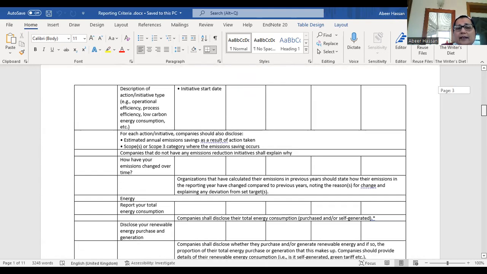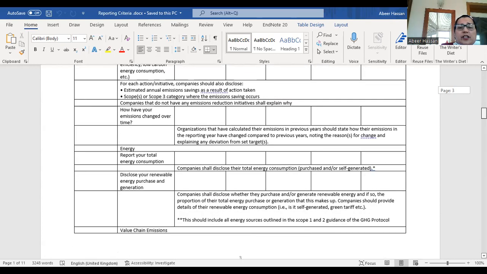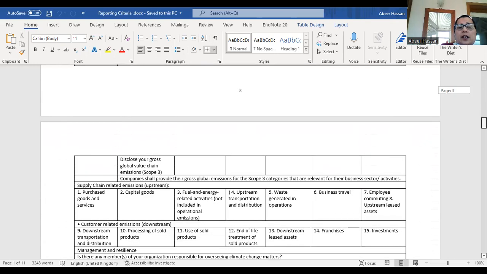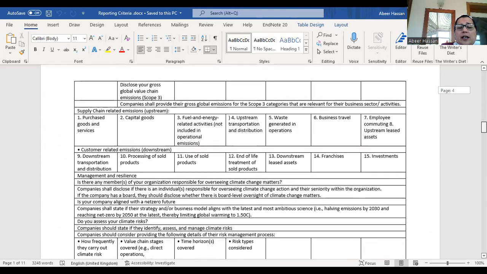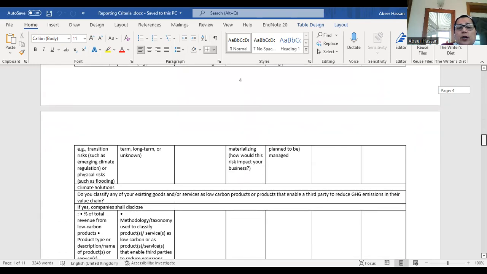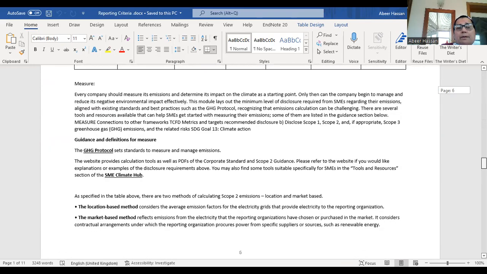I have also added the additional ones, which are energy, value chain, supply chain, and leadership. And at the end, I tell you what each one of them means instead of going back and forth or looking at the PowerPoint.